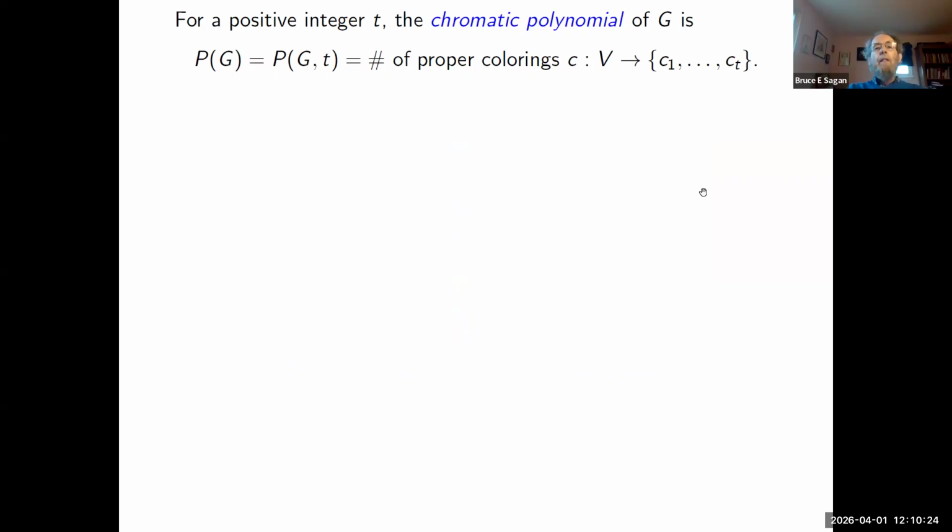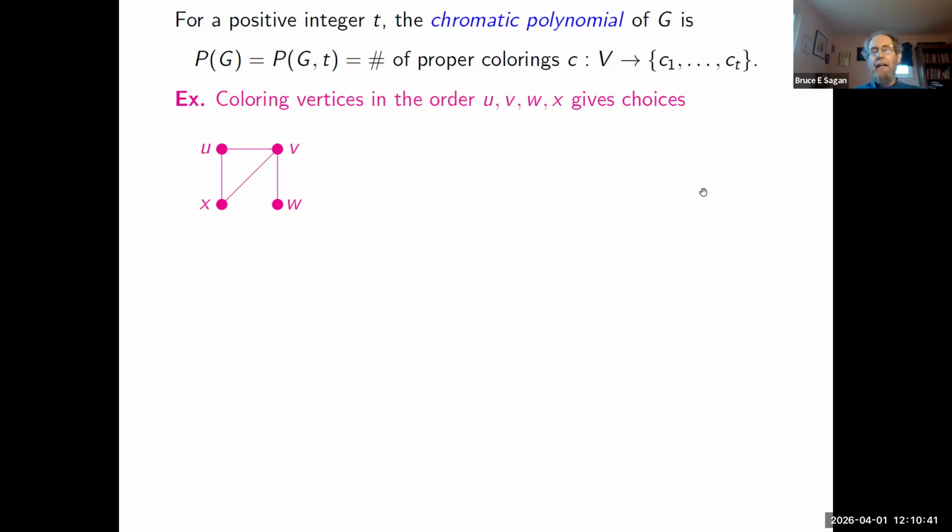Okay? You may be wondering, why are we calling this a polynomial? We will show in a second why it should be a polynomial, but we'll show kind of with this example why it might be called a polynomial.